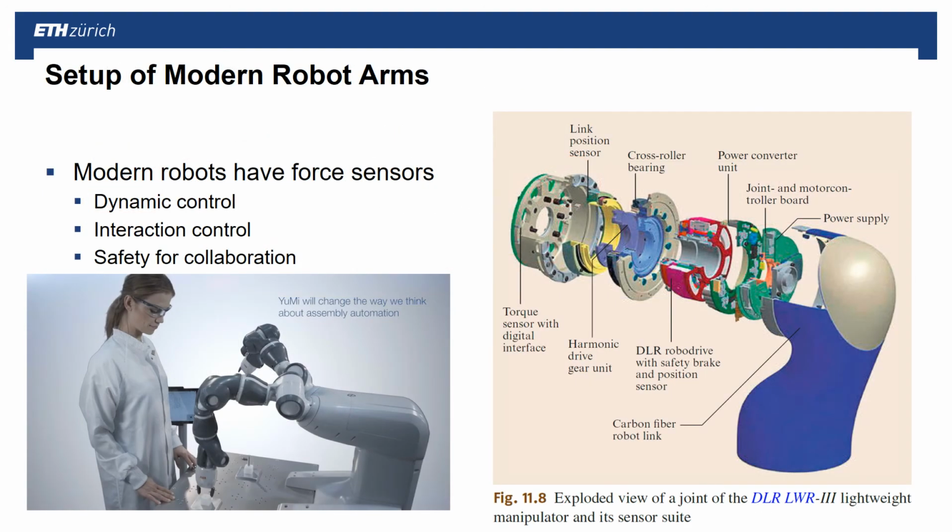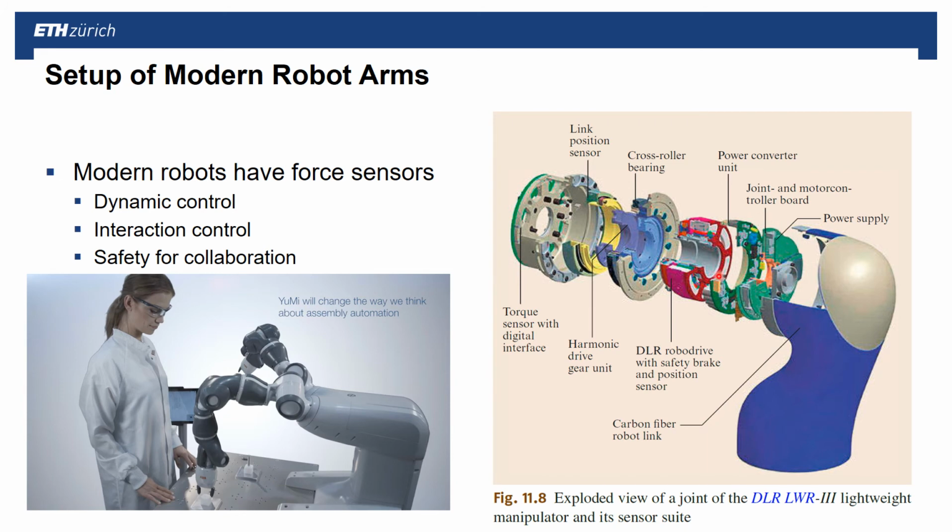Now, if you look at modern robotic arms, in particular the ones that are collaborating with humans, they all have integrated force or torque sensors. This allows them to do dynamic control, to regulate the interaction force with the environment, and hence to safely collaborate with humans. What you see here on the right hand side is a classical setup of such a robot joint with an integrated torque sensor.